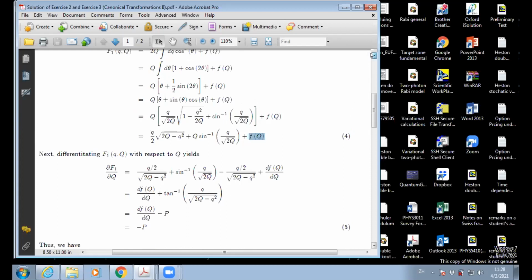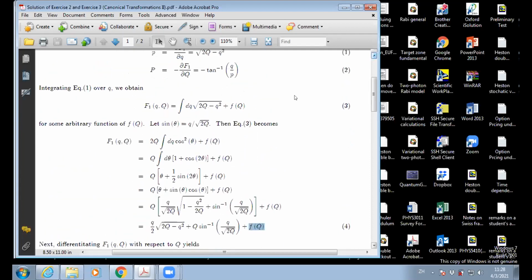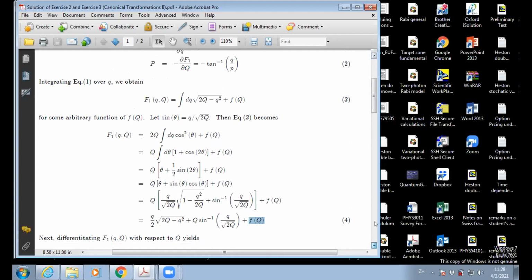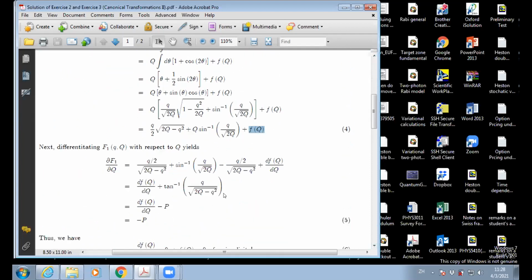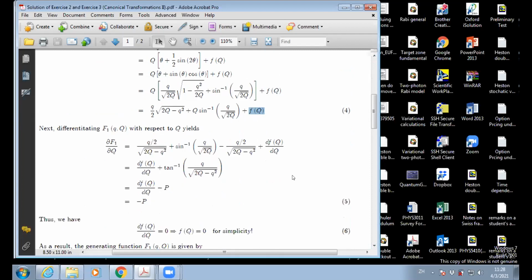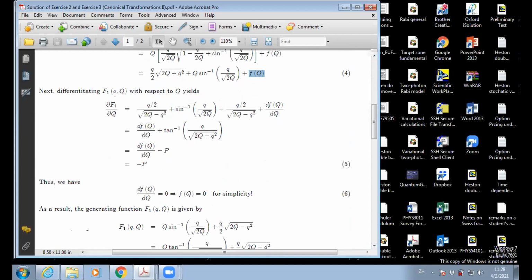Why do we do that? Because we can immediately write down the answer here, making use of equation 2. This is actually equal to minus capital P, right? Since the partial derivative of F1 with respect to capital Q is equal to minus capital P, df(q)/dq must vanish. In other words, f(q) is a constant.